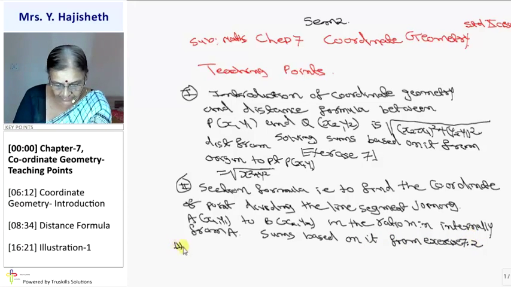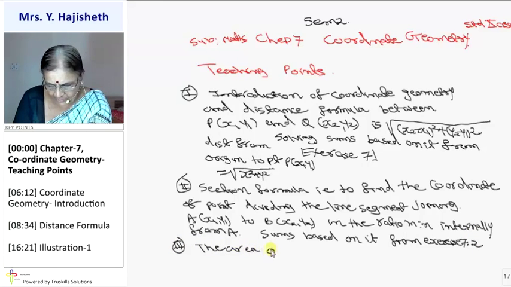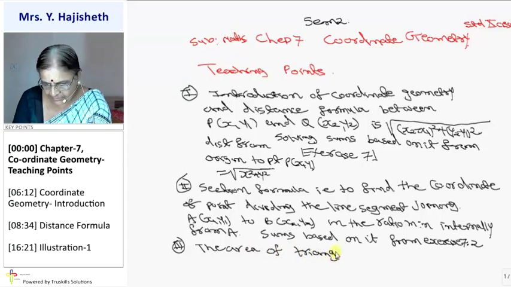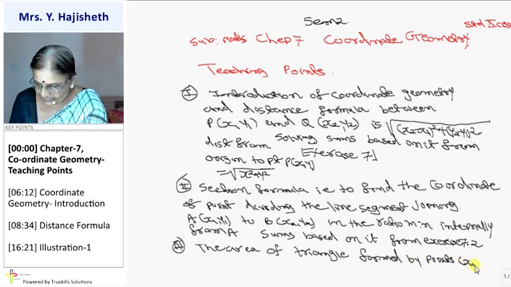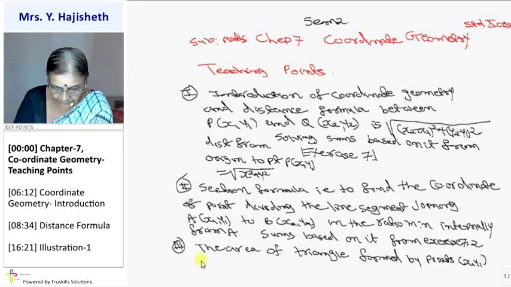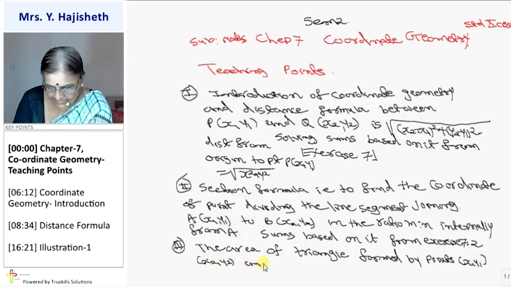Third teaching point is last, that is the area of triangle, and later on we can learn area of quadrilateral also. Quadrilateral is nothing but the sum of areas of two triangles formed by points. Area of triangle formed by points x1, y1, x2, y2 and x3, y3.